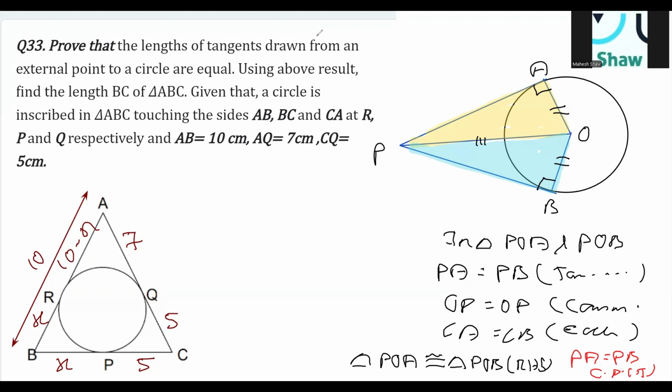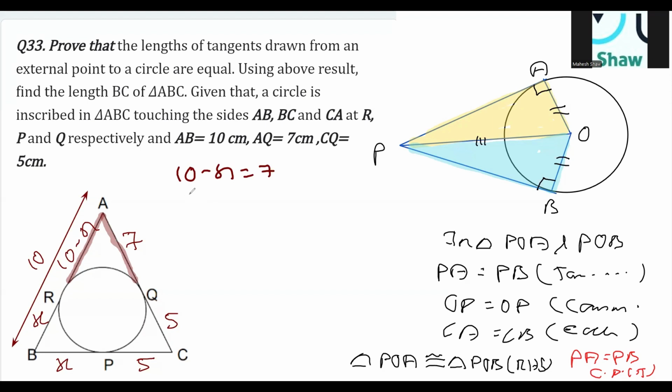Now from here, what do you conclude? That again, these are tangents from the same exterior point, this and this. These are tangents from the same exterior point, so they can be equated. So I can write over here that 10 minus X is equal to 7.